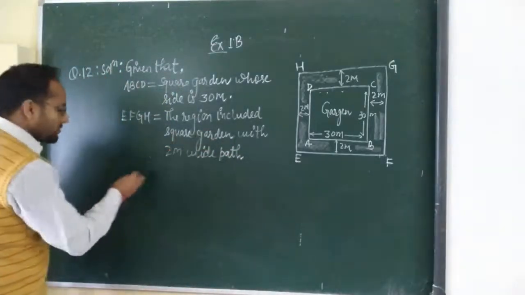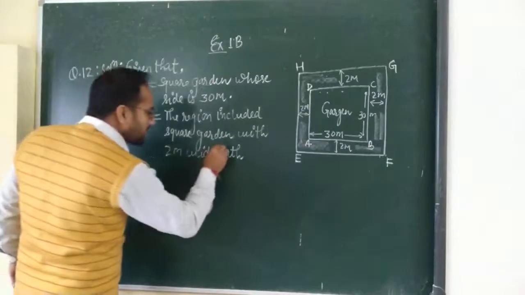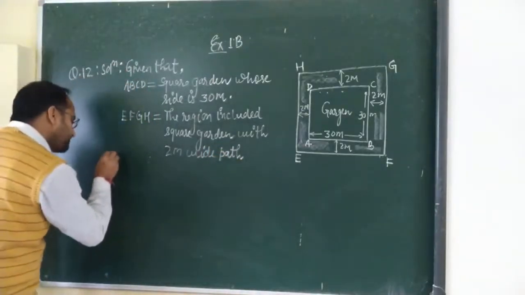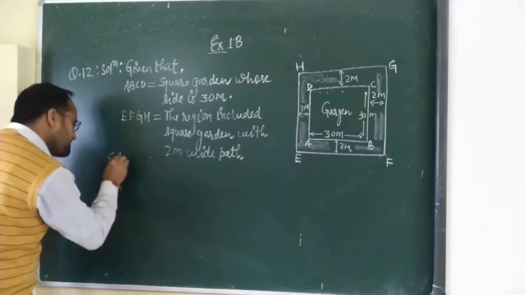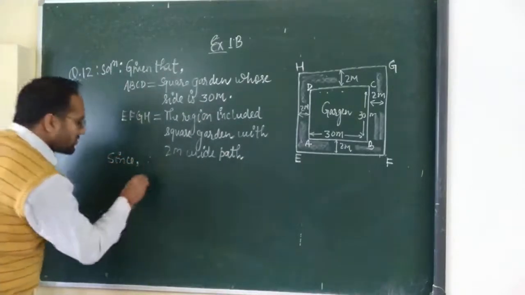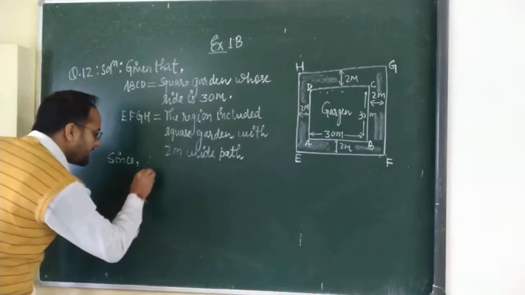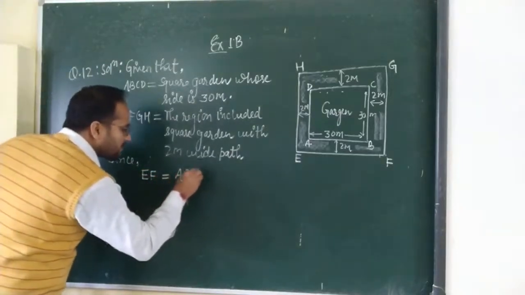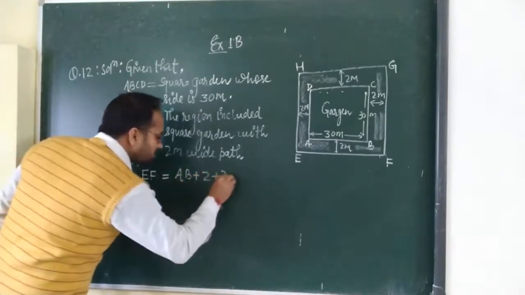So it is a 2 meter wide path. So side EF is equal to AB plus 2 plus 2.